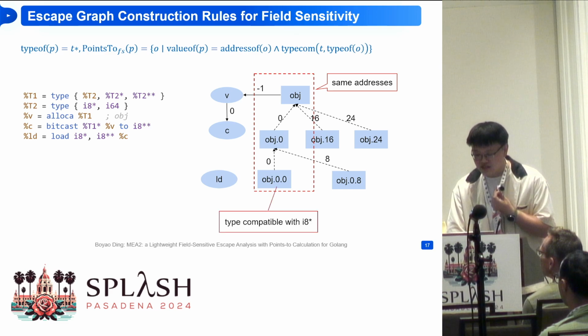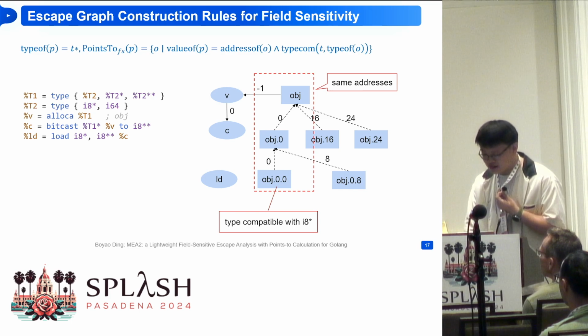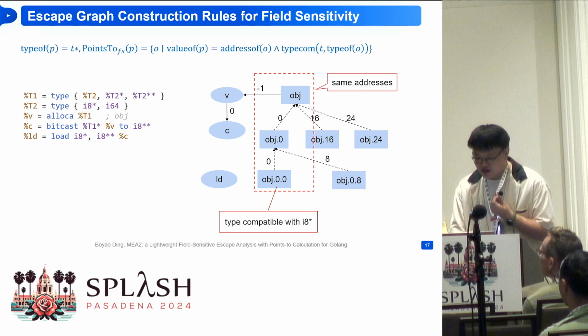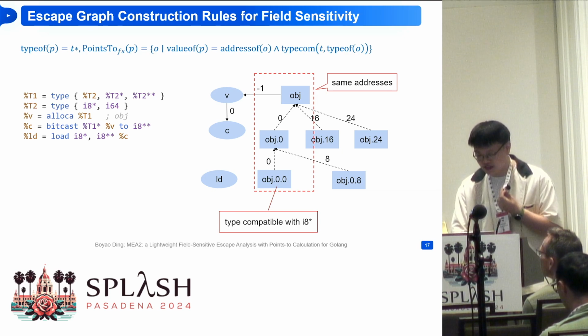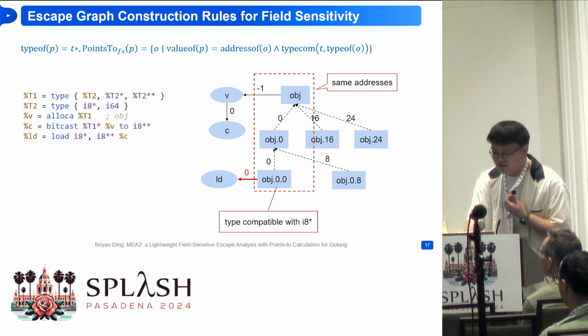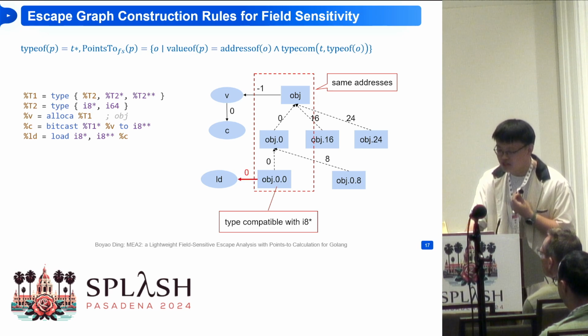Among these, OBJ.0.0 is compatible with the I8 star type, and therefore C points to OBJ.0.0. And we can finally add an edge from OBJ.0.0 to LD.